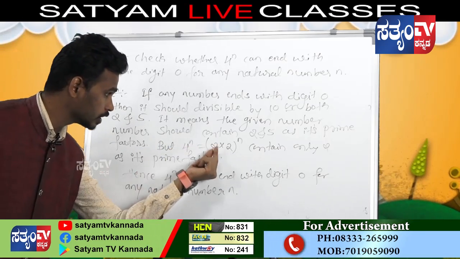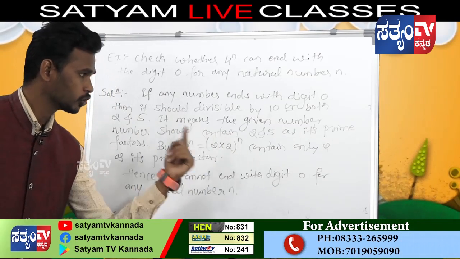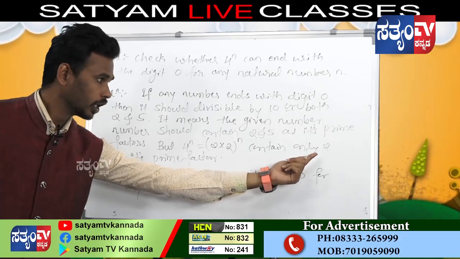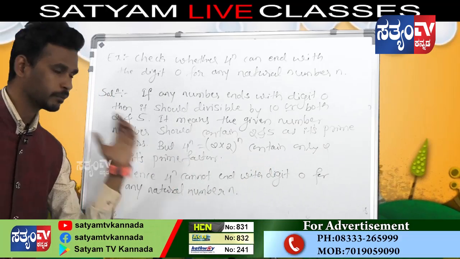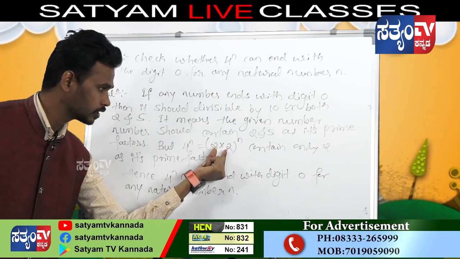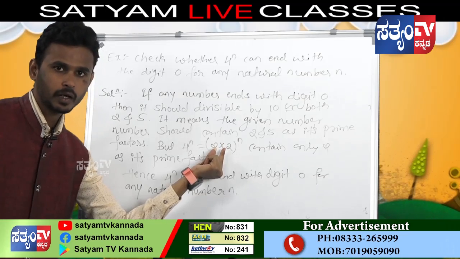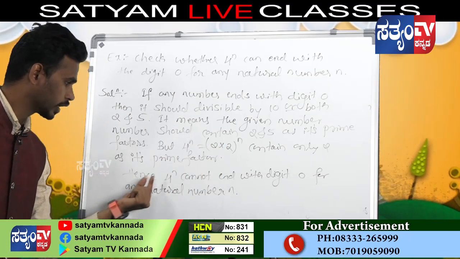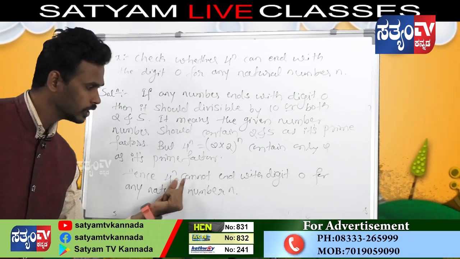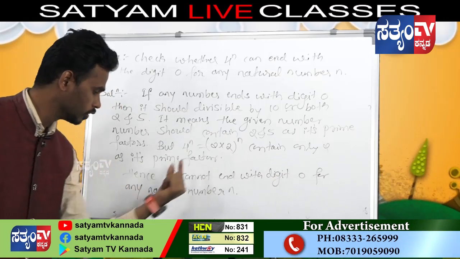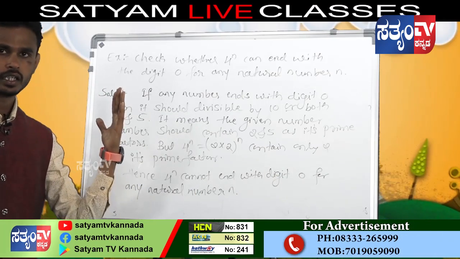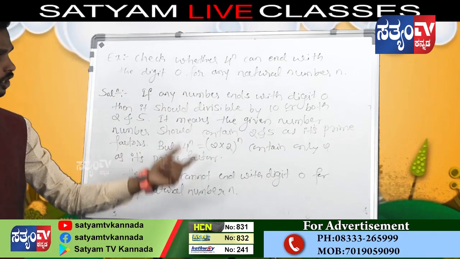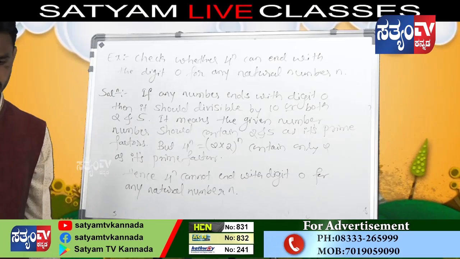But 4 we can write as 2 into 2, whole raised to n, which contains only 2 as its prime factor. So hence we can conclude that 4 raised to n cannot end with digit 0 for any natural number n. This is the solution of this problem.